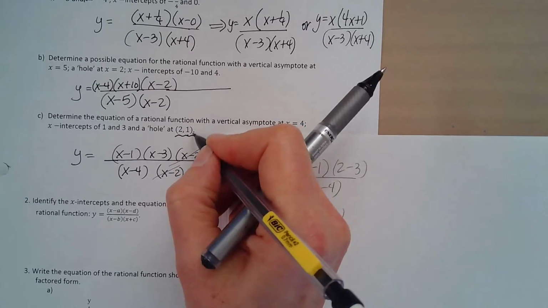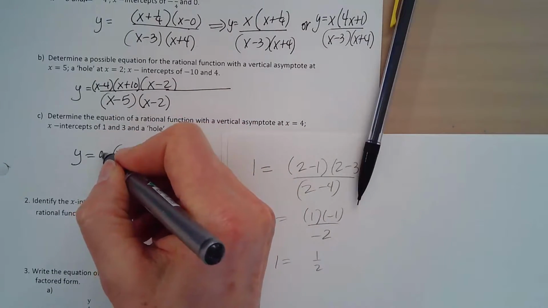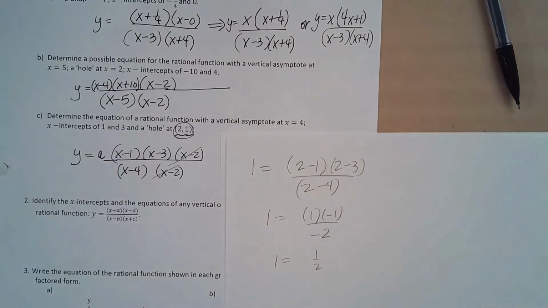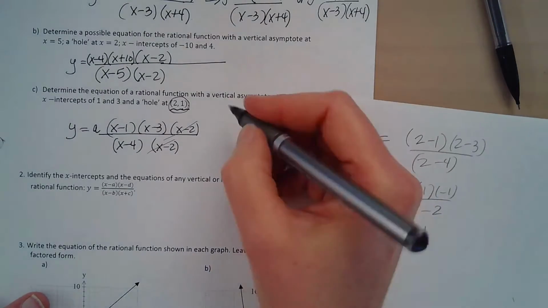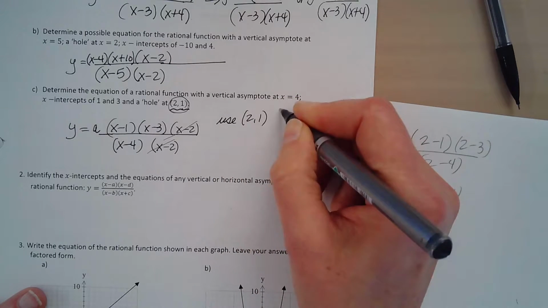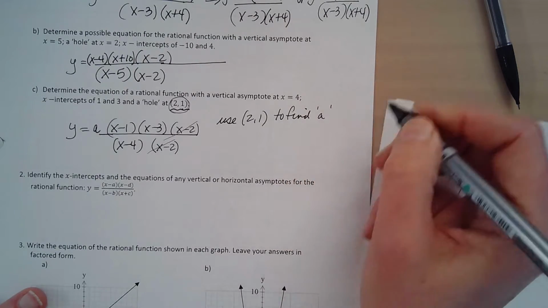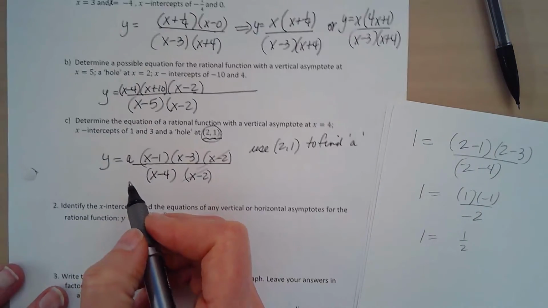If they give me more info, you know what that's telling me to do? There's an a value here, right? So I have to use the point 2 comma 1 to find a. They're giving me more info here than they did last time, right? They're being a little more specific.